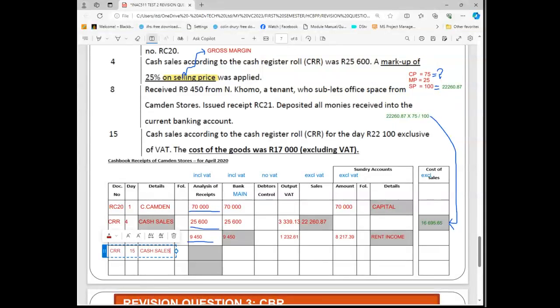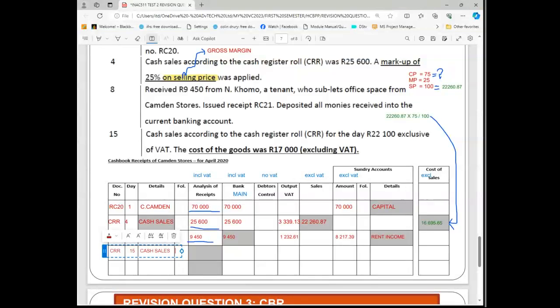So if the amount says 2,100, do I include VAT before I put it into the analysis of receipts? You can do that, or you can just take that 2,100 somewhere because it's excluding VAT. Where do you think you can put it?